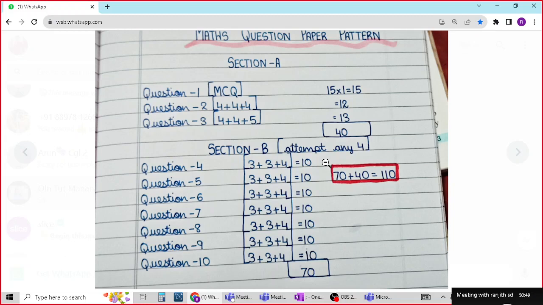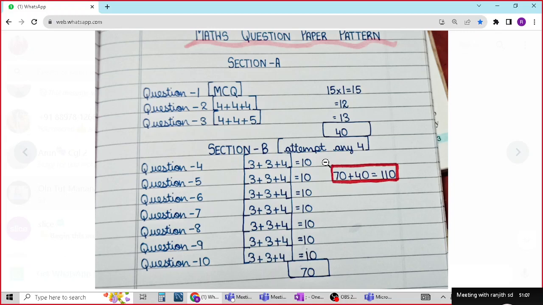After that, question 2, you'll have 4 marks each, 3 questions, and 4, 4, and 5. You'll get construction. Section A is for 40 marks.